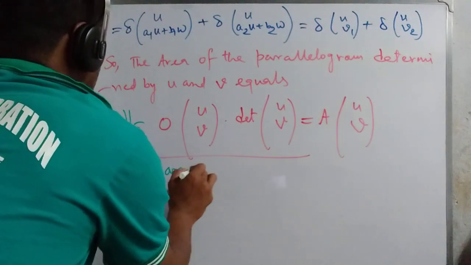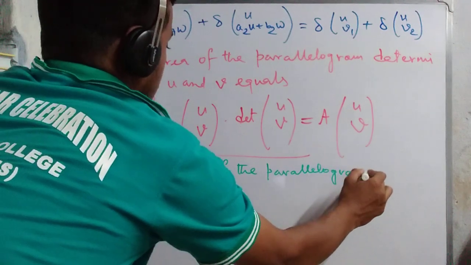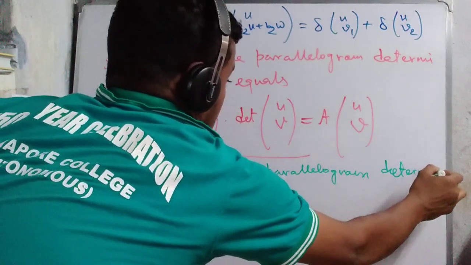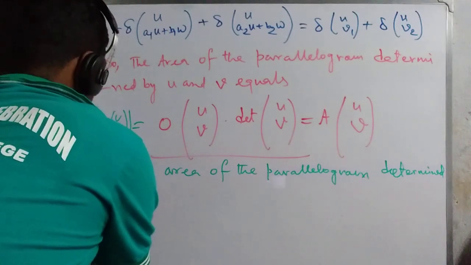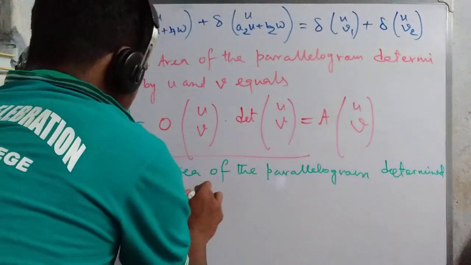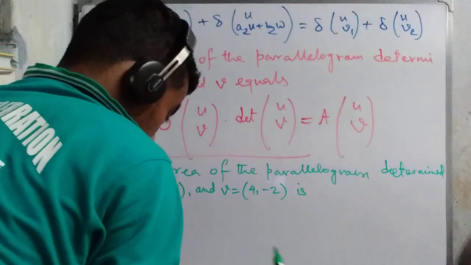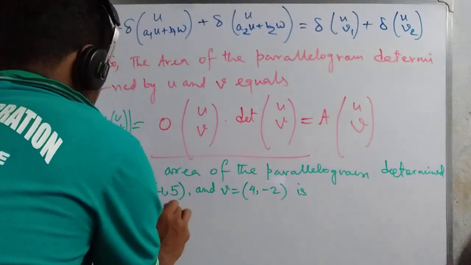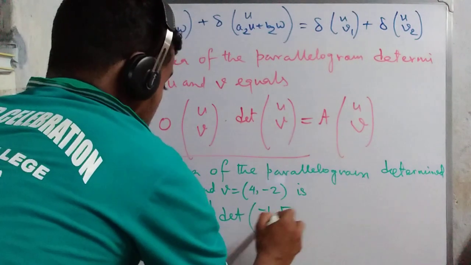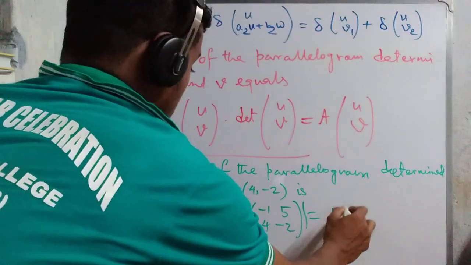The area of the parallelogram determined by u equal to -1, 5 and v equal to 4, -2 is what? Here the determinant of u v equals modulus of determinant of -1 5, 4 -2, which equals -2 minus 20, equal to 18.